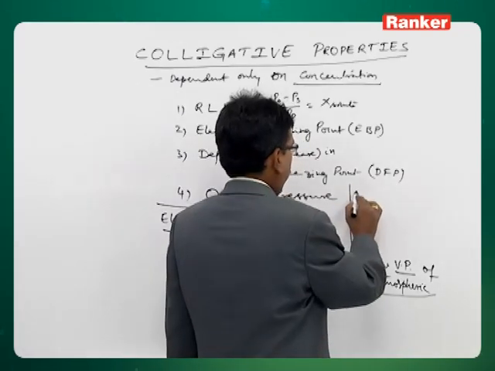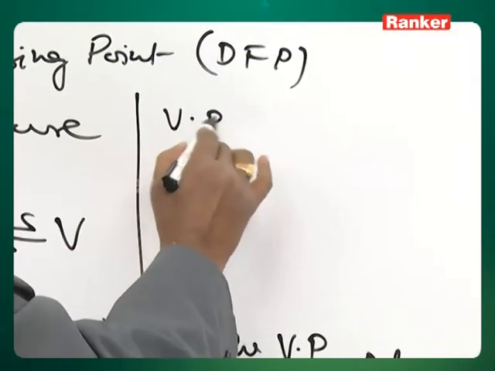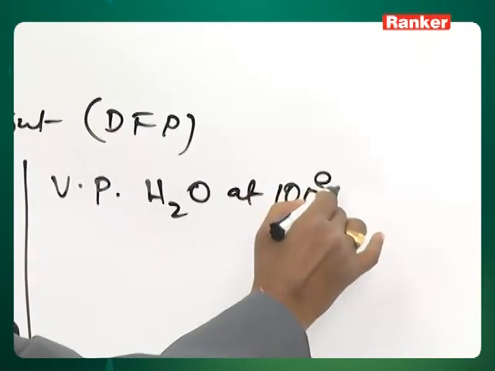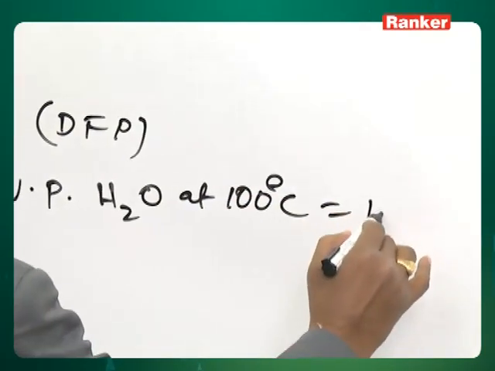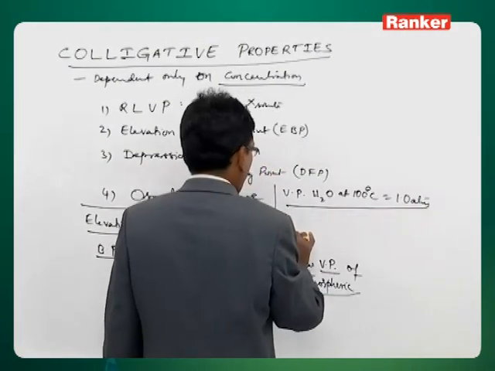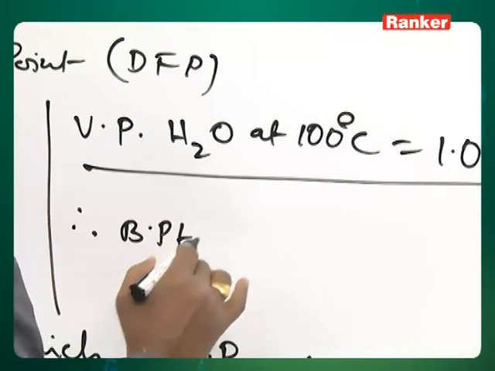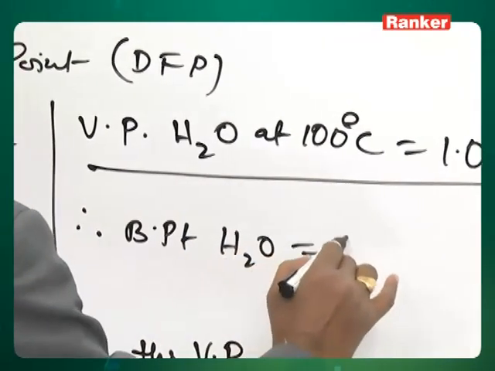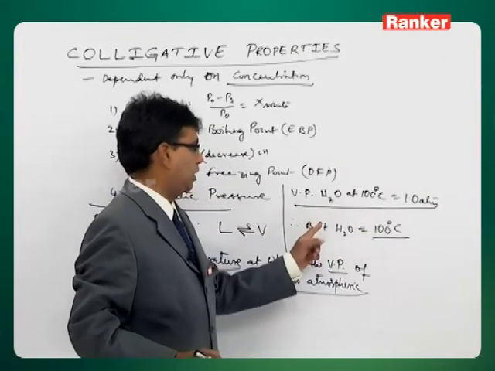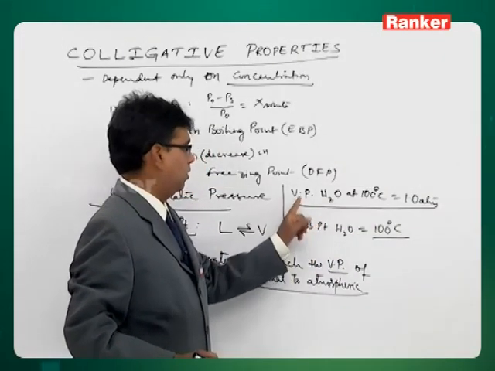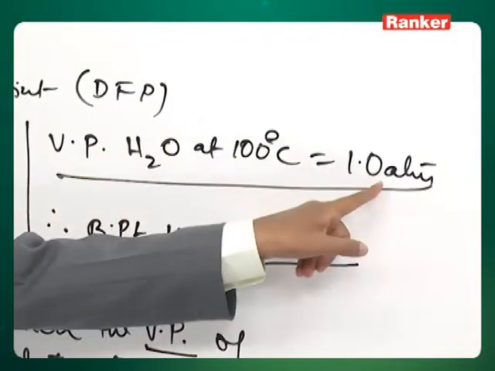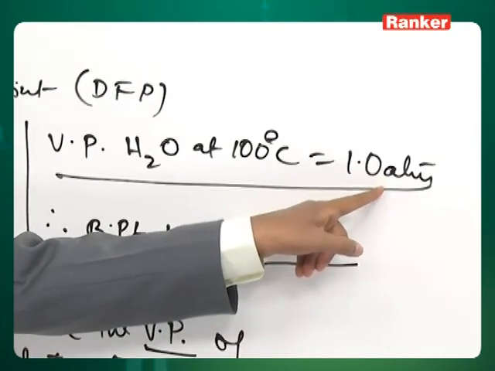The vapor pressure of water at 100 degrees Celsius is equal to 1 atmosphere. Therefore, we can say that the boiling point of water is 100 degrees Celsius. So, the other way of defining boiling point is the temperature at which the vapor pressure of a liquid becomes equal to atmospheric pressure.